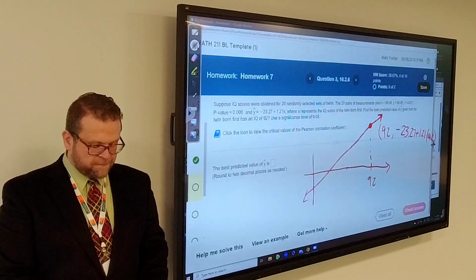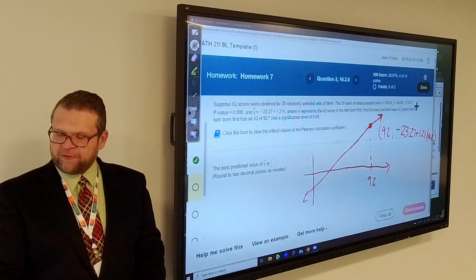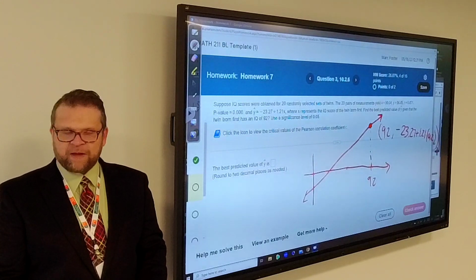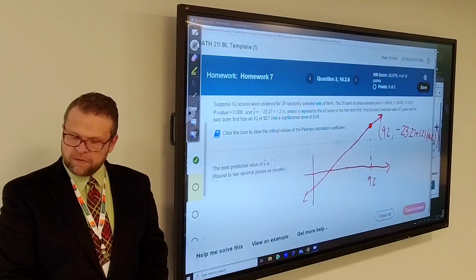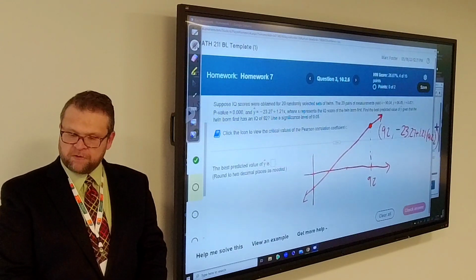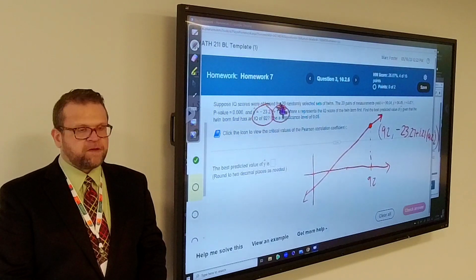Oh, by the way, in statistics, for whatever dumb reason, they don't say y equals mx plus b, they say y equals b plus mx. It just had to be different. So that's why it's written like this. That's b, and this is mx.